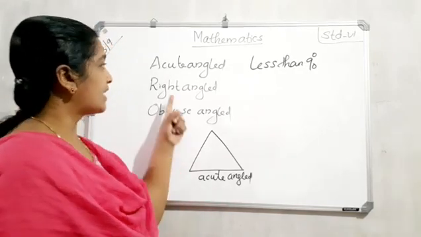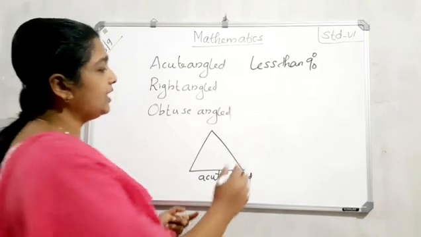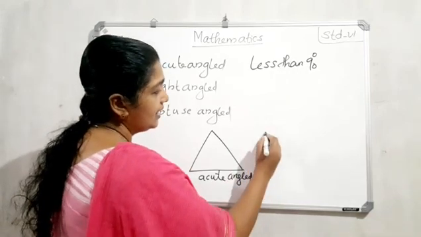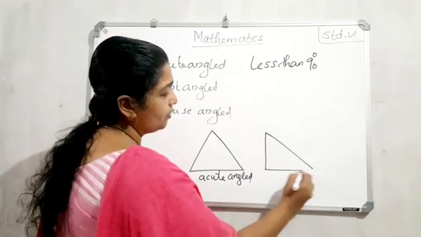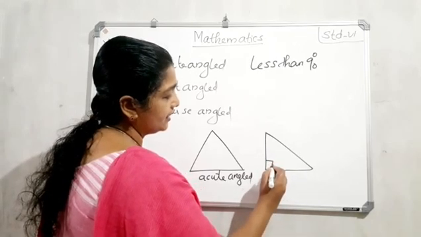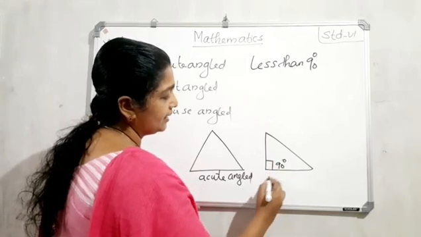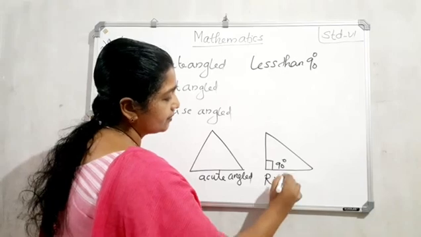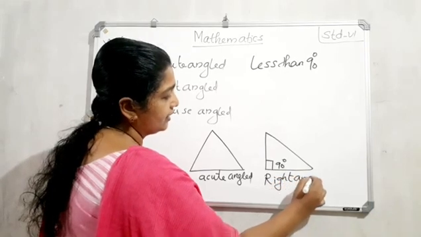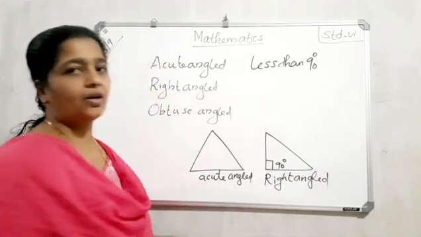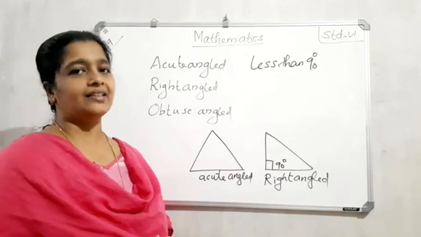So, what is a right angled triangle? If any one angle is 90 degree, then that is known as a right angled triangle.